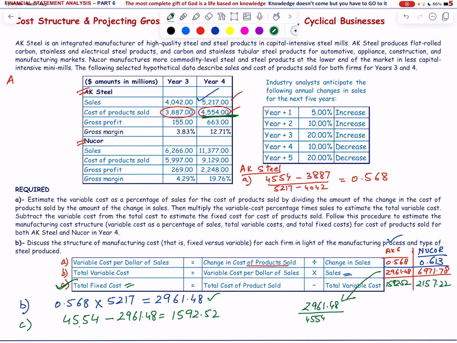So this is equal to 65.03% or 65%. And then we calculate the total fixed cost percentage, and that is going to be equal to how much is the fixed cost?